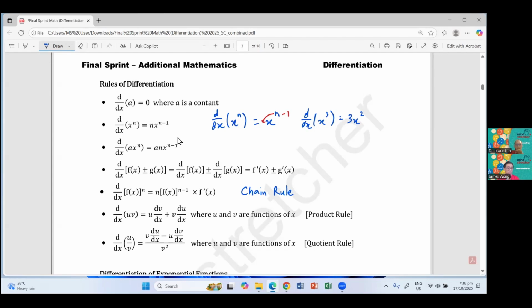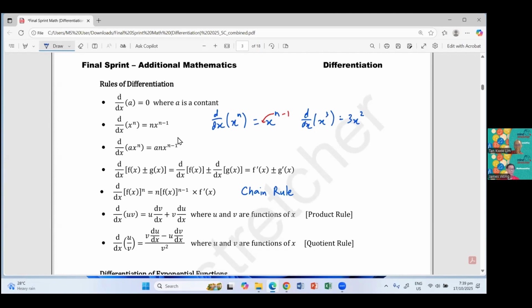Then the next one is d dx of ax to the power of n. The a is a constant, but it is multiplied to this x to the power of n, so this multiple will just stay there. The differentiation involves the x to the power of n, where this becomes n times x to the power of n minus 1.